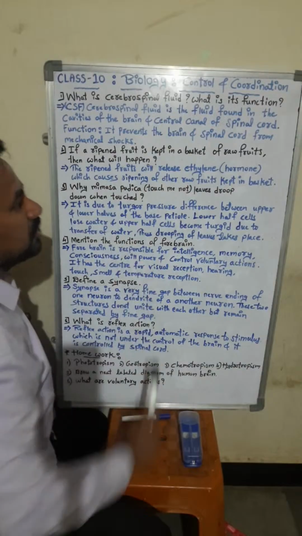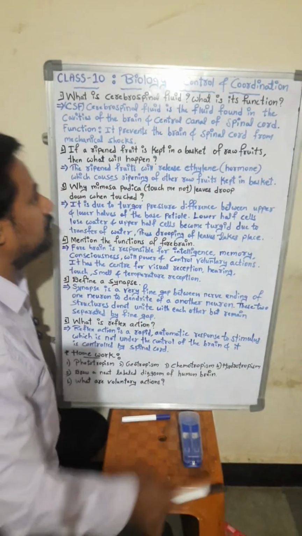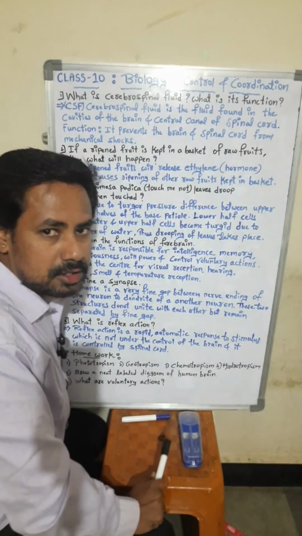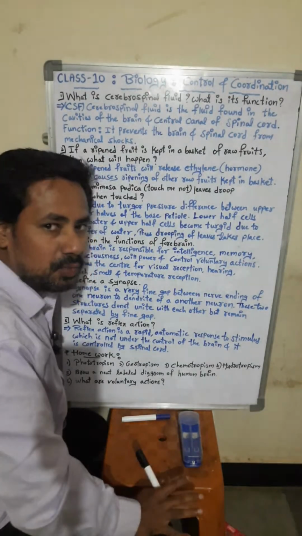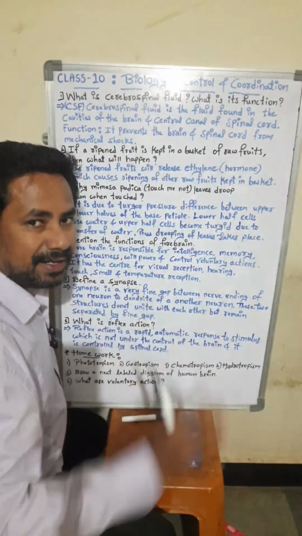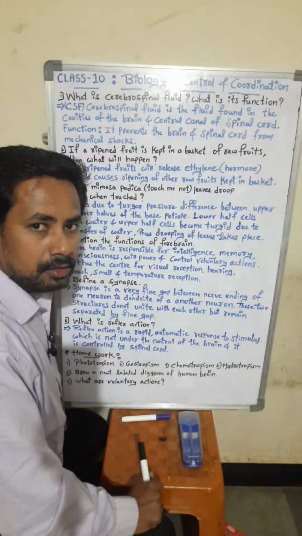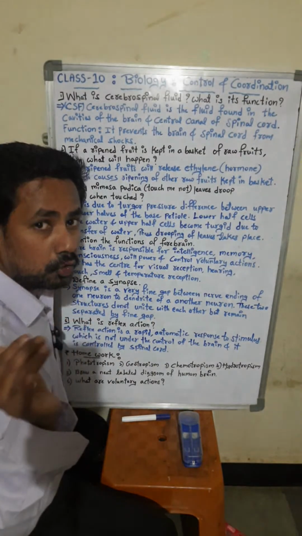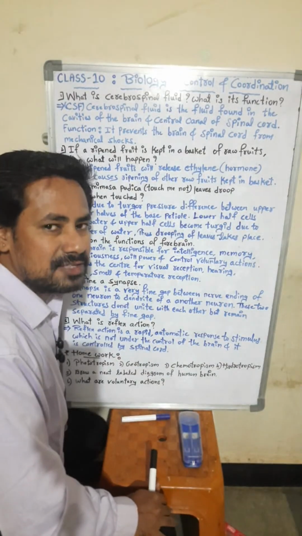And what is its function? Function of CSF: it protects the brain and spinal cord from mechanical shocks. Mechanical shocks means if somebody hits your head, or if you fall suddenly, it should not cause damage to our brain as well as spinal cord.